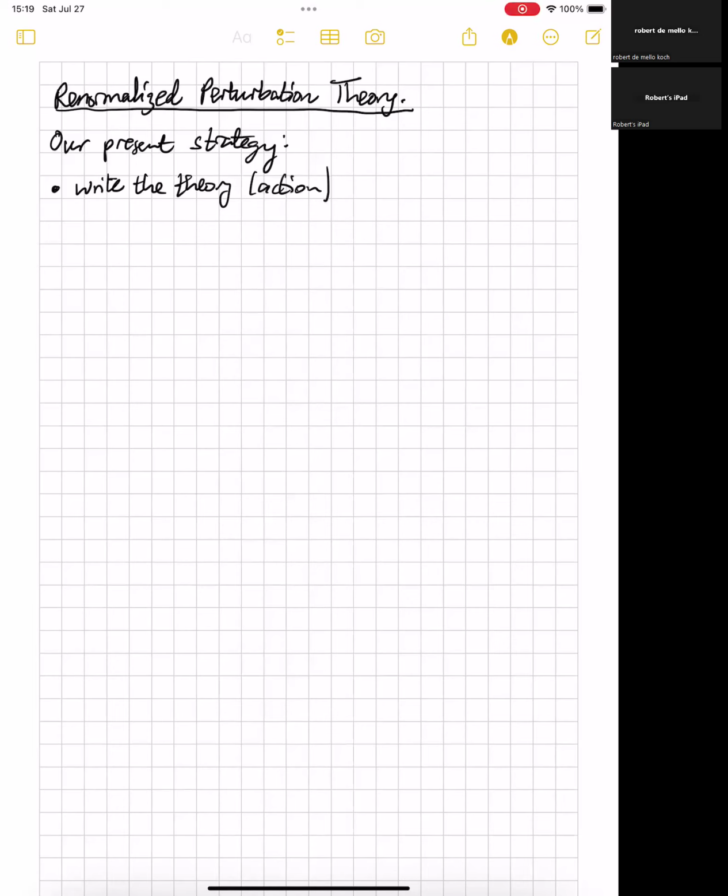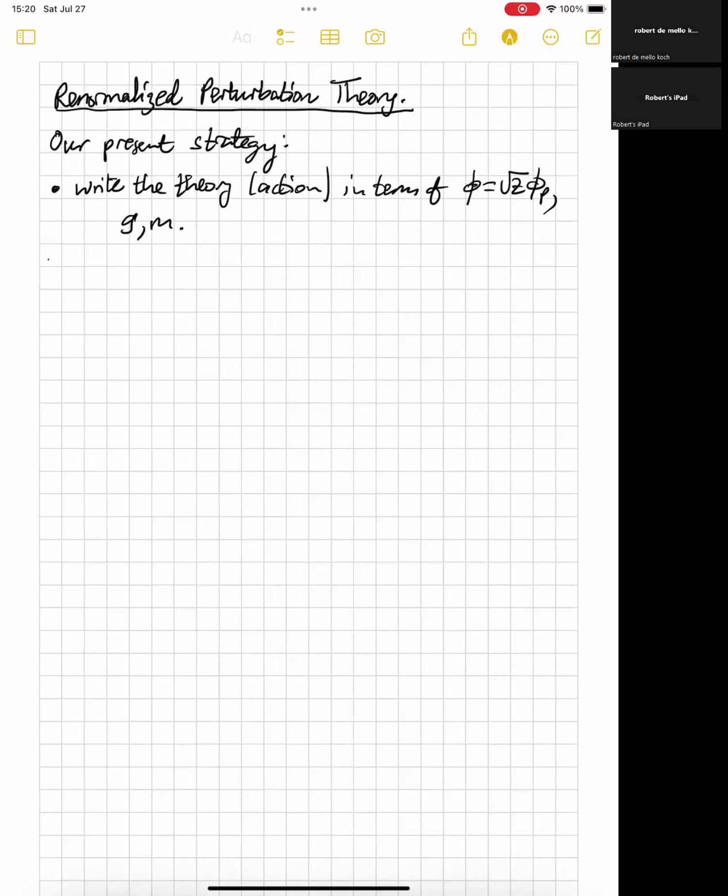So we write the action in terms of phi, which is the square root of Z times the physical field, G and M. The reason I'm saying that the theory is really specified by the action is that as soon as you give me the action, you've specified the path integral, and I can go ahead and calculate whatever correlators I want.